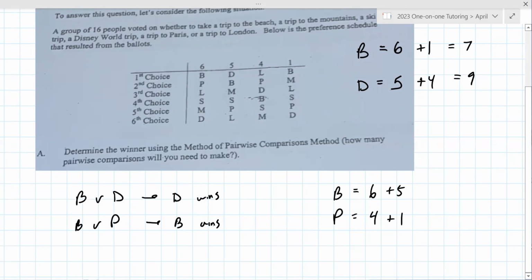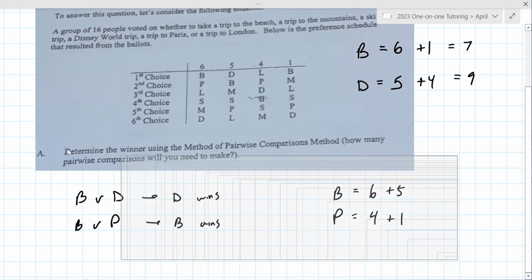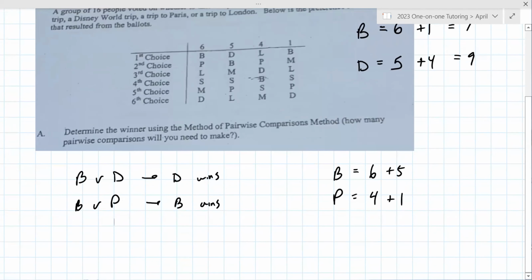Okay, so that's how you actually do the pairwise comparison, but you have to do it for all the possibilities. So we actually have to figure out how many comparisons there are. So it looks like that's what part A is. The rest of this is kind of leading into it. So we got to count the number of letters.